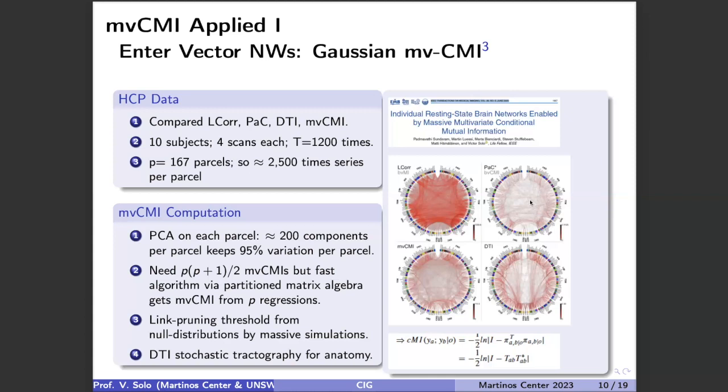But nevertheless, you can see you've got something interesting there, cross hemisphere connections and all that kind of stuff. Down here is the multivariate conditional mutual information, where we did that pruning after we did the massive simulations to get the null distributions. You can see there's a lot more stuff than there is in the sparse one-dimensional version.